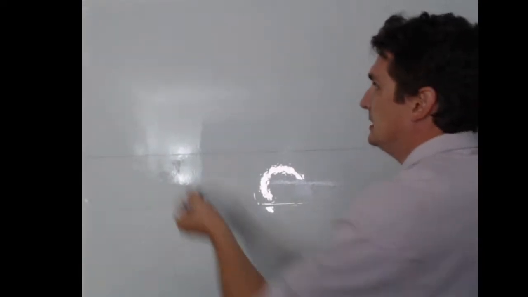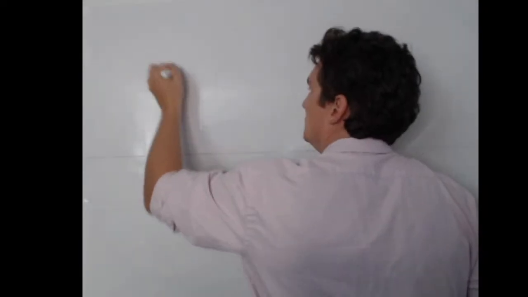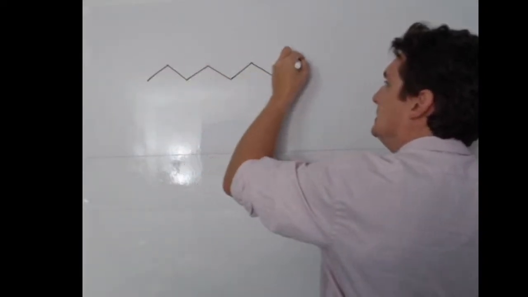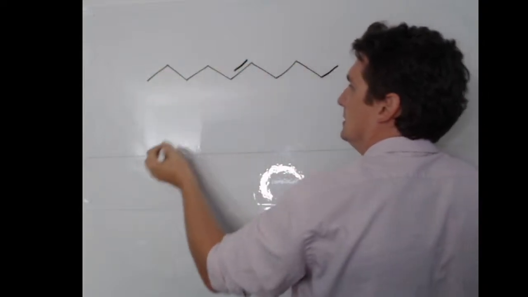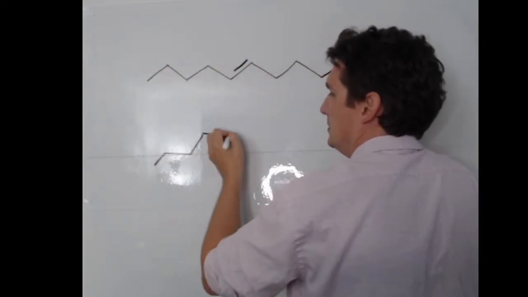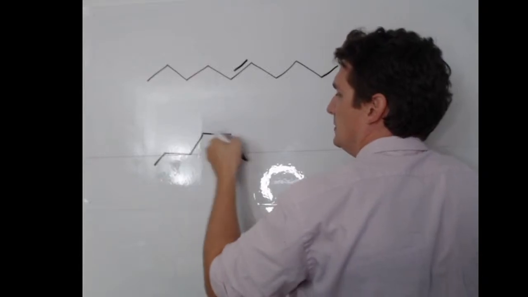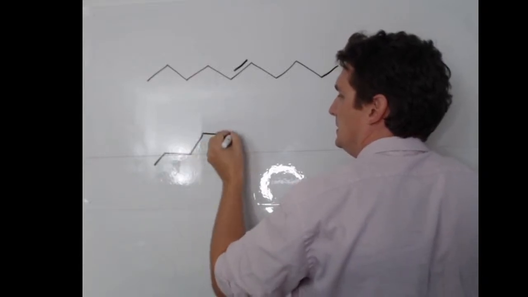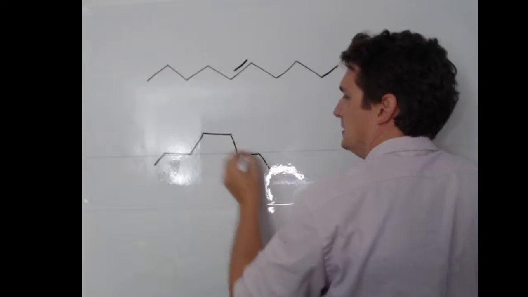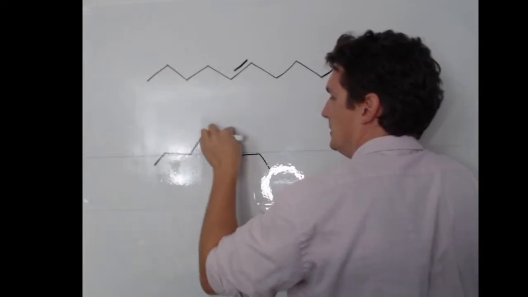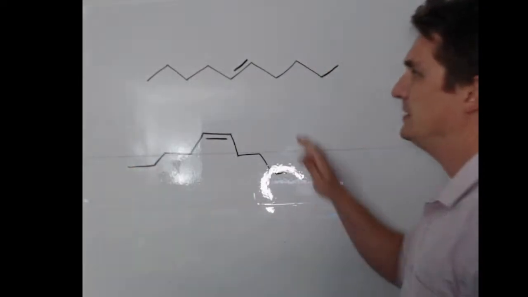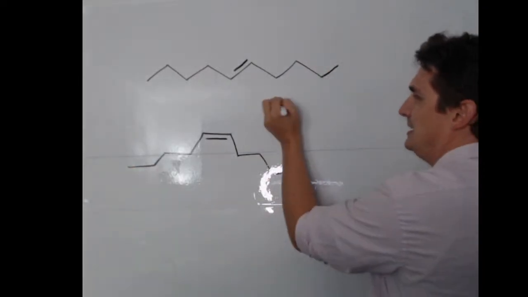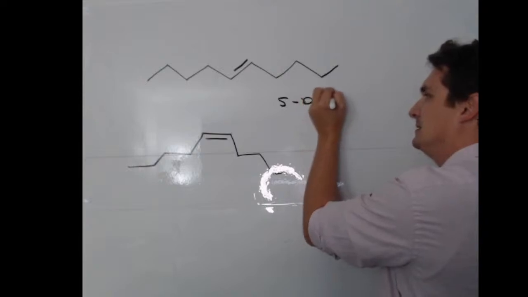You can do, if you look at decane, 1, 2, 3, 4, 5, 6, 10. So you've got 5-decene here.